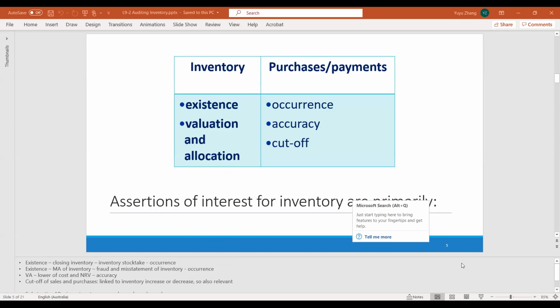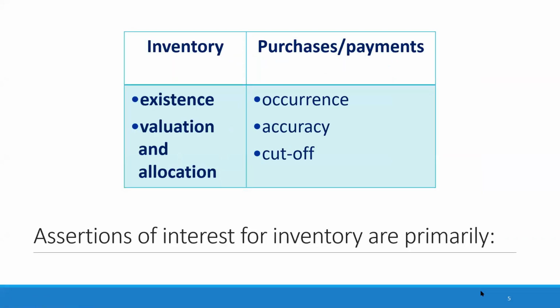So in terms of the inventory account, just using our common sense, what are the most material assertions? The primary assertions for inventory would be existence, valuation, and allocation. Would that make sense?